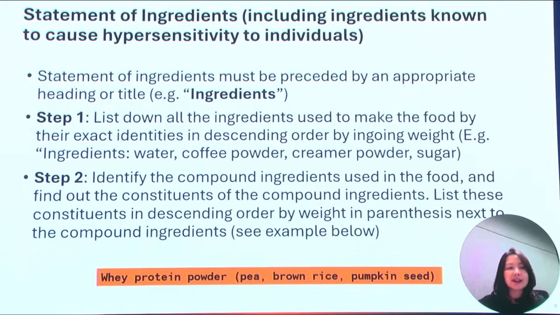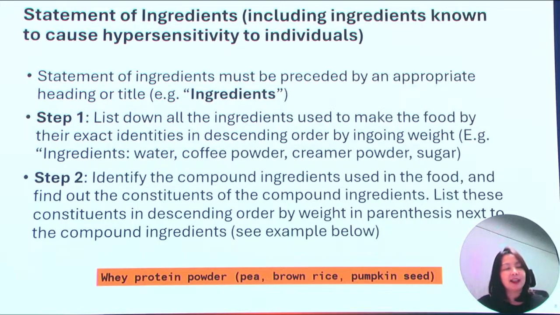The manufacturers first have to list down all the ingredients used to make the food by their exact identities in descending order by ingoing weight. For example, for a coffee product, if the ingredient that makes up the bulk of the product is water, water should come first, followed by coffee powder, creamer powder, sugar, and so on.